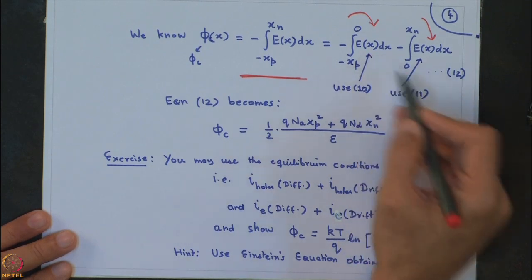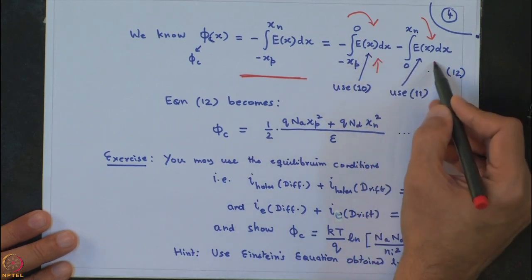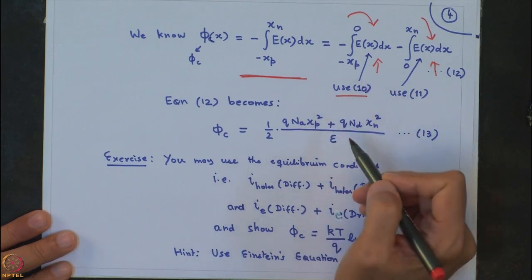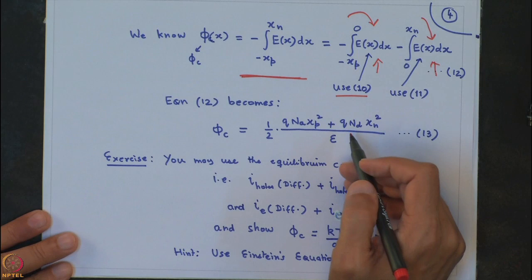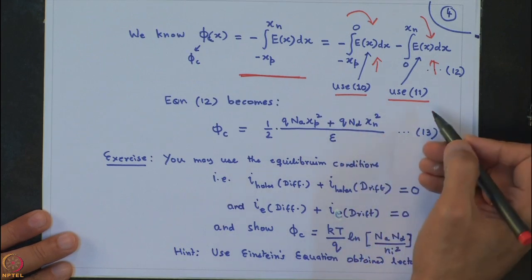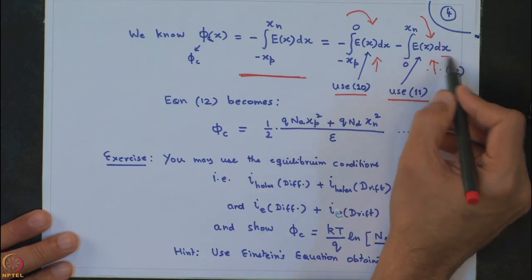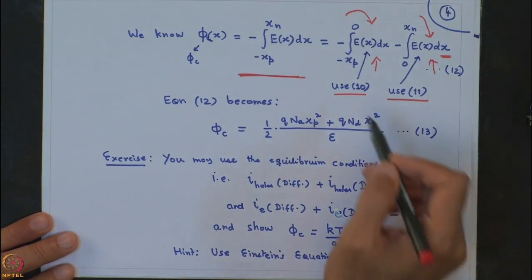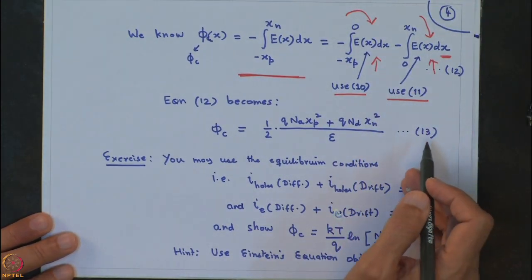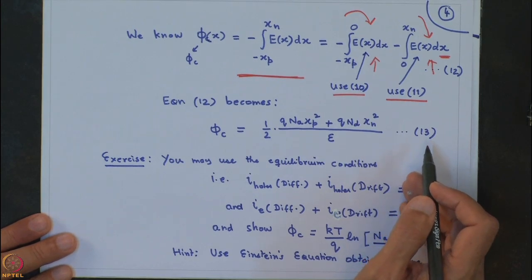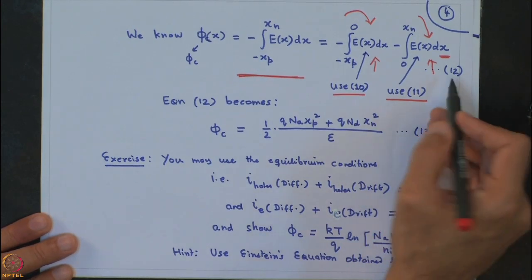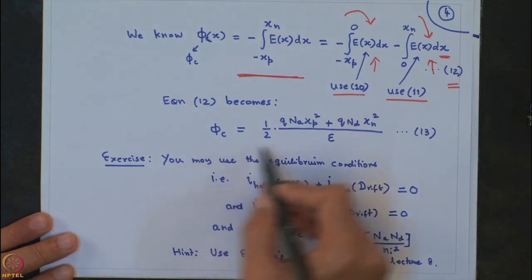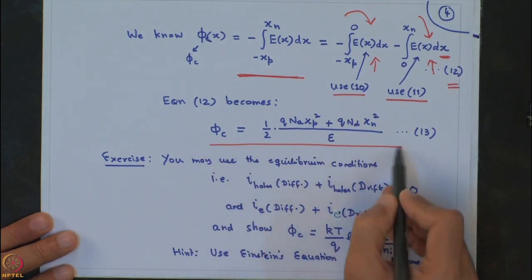For the left interval we use expression 10 for E of x, and we use 11 for the right side. When we substitute these expressions, we get equation 12, which on simplification gives us this expression.